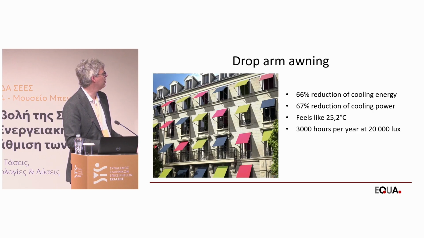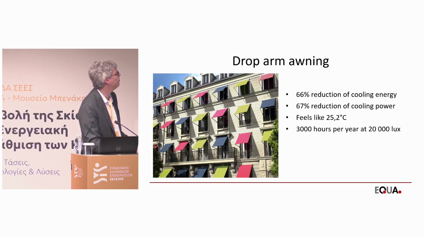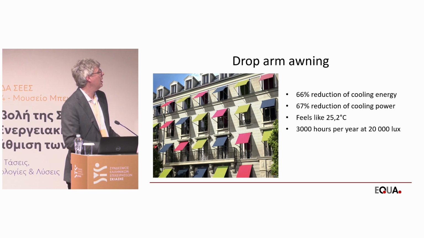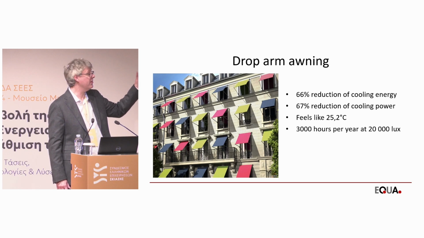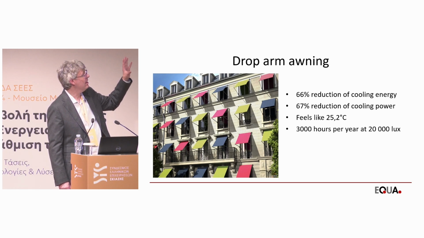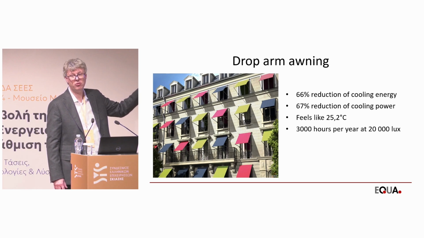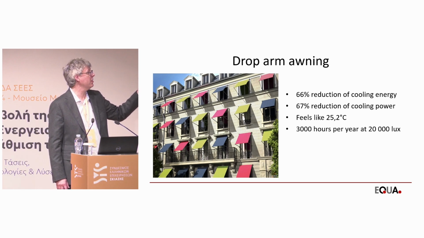So let's look into alternatives like this drop-on awning. And this is absolutely wonderful. You're working in the right field, definitely. You are making a change. But here we can see a reduction of 2/3 of the cooling power and cooling energy.